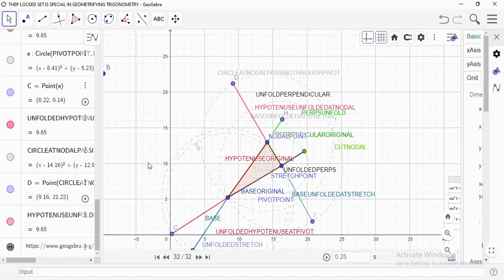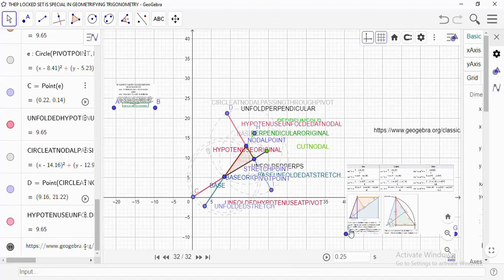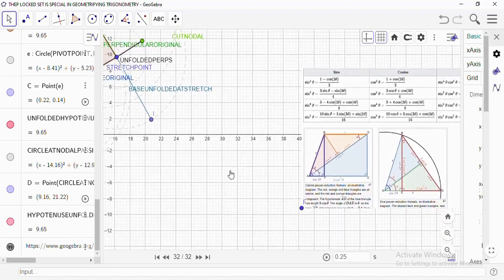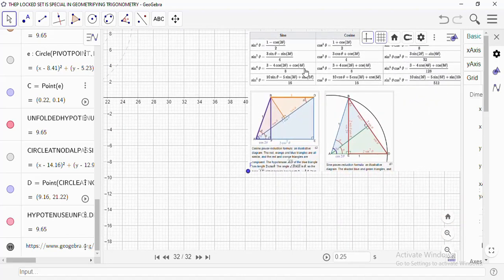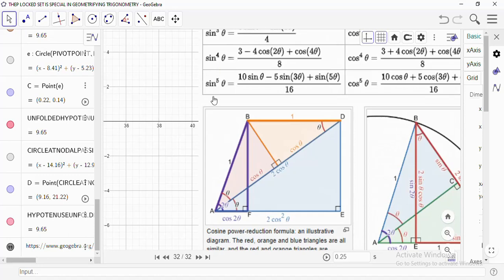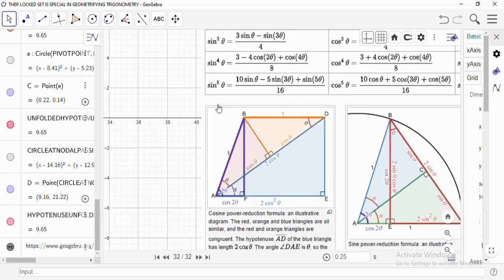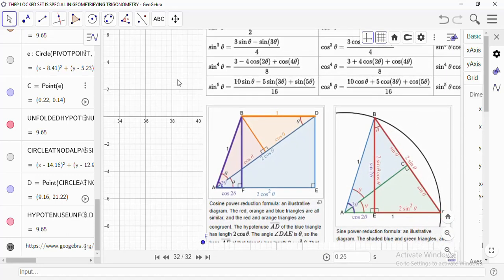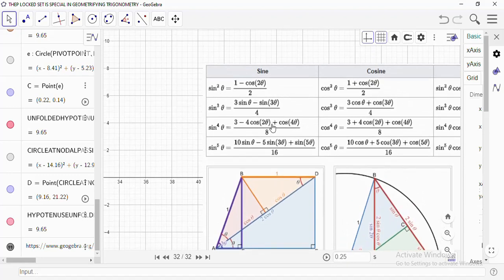Suppose, before Sanjana's geometrifying trigonometry, we were never asking how many similar triangles are glued in these kinds of expressions, because these kinds of questions were never asked in school days, because this kind of subject was not available.